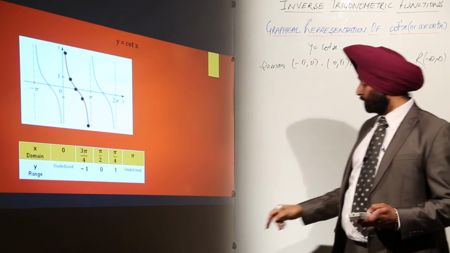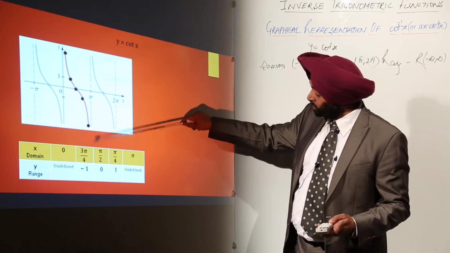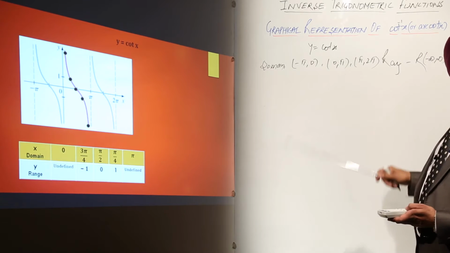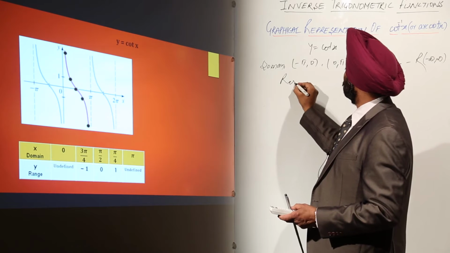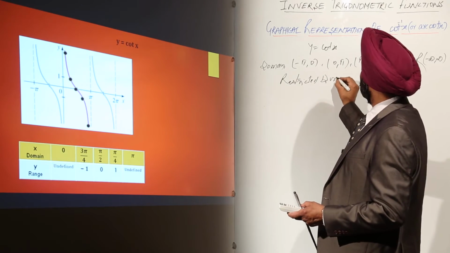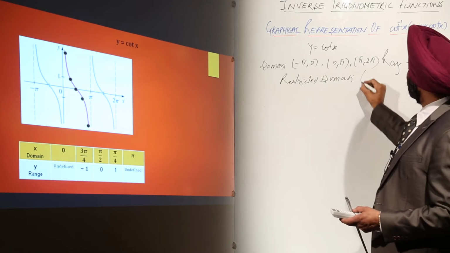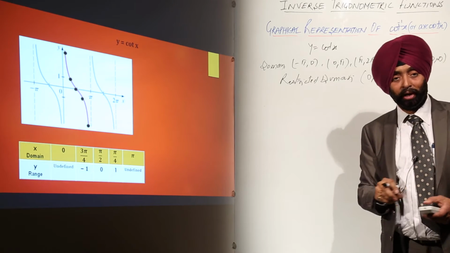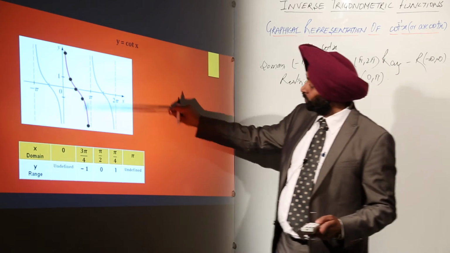Now let's see, we have these coordinates, and when we plot them, it goes from 0 to pi. So we take 0 to pi as the restricted domain: the restricted domain for cot x is 0 comma pi with the open interval. For more clarity, we cut this basic part.